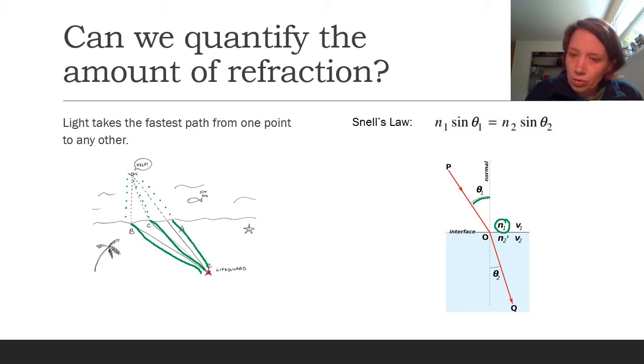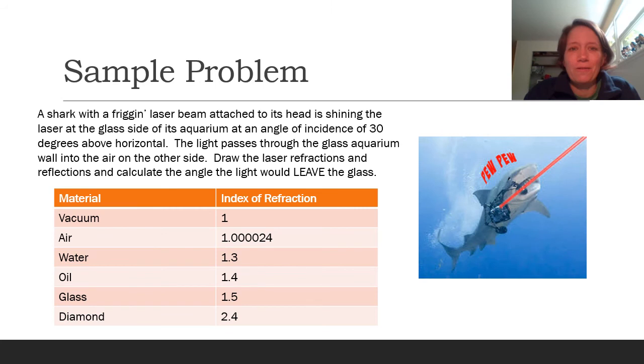And then n2 is the medium it's passing into, and theta 2 is going to be the angle of refraction measured from the normal line as well. So this is how we calculate the amount of refraction that is happening when light passes through one medium into another. Let's run through a quick sample problem.